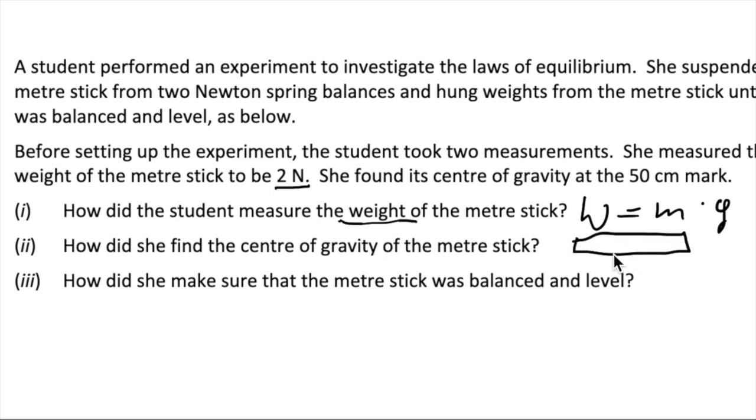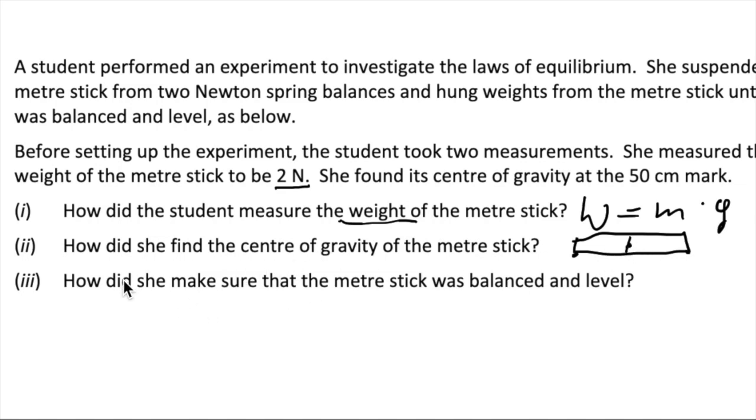What we had to do is hang the meter stick from a thread or something like a thread, and then move the meter stick within the thread until both sides of the meter stick are balanced, so they don't move neither up nor down. So when both sides are balanced, that particular location on the meter stick, right here in the center, is where the center of gravity of the meter stick is.